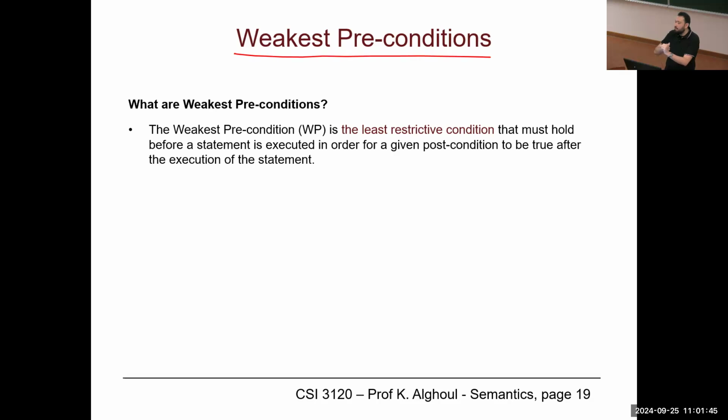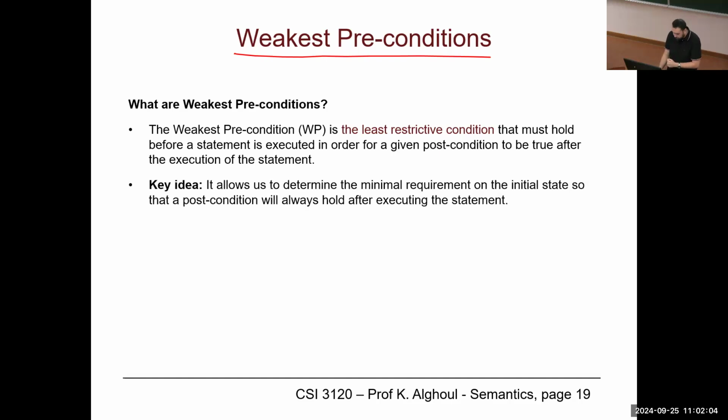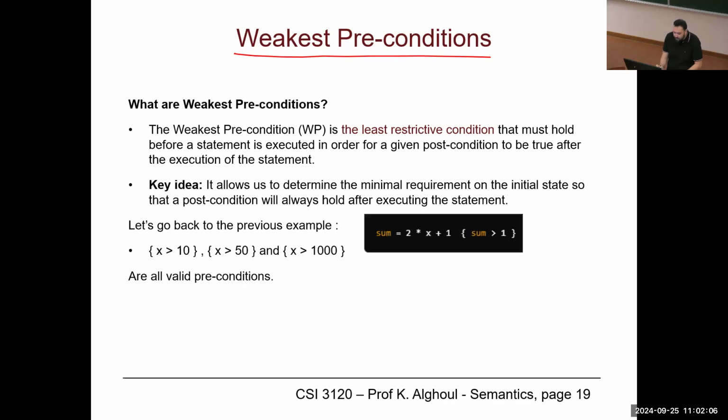Because we said, okay, x greater than 10 will work. x greater than 5 will work. x greater than 2 will work. What is the weakest one? That's what your friend here said, x greater than 0. So this is the least restrictive condition, which is called the weakest precondition. As you can see here, all of these will work, but the weakest precondition is x greater than 0.